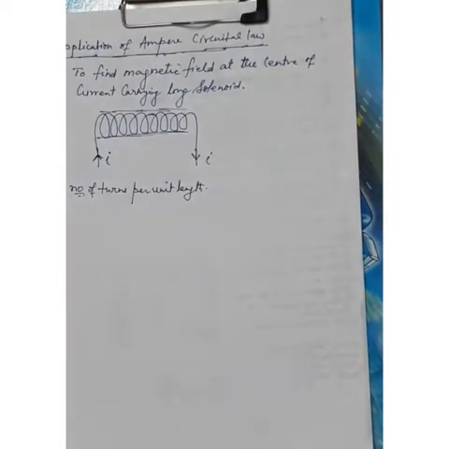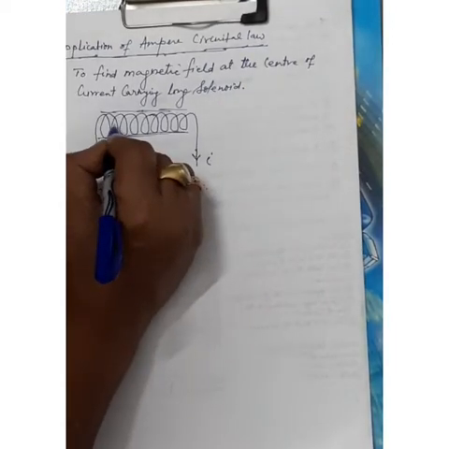So to apply Ampere's circuital law, we have to imagine an Amperian loop, because without an Amperian loop we cannot apply the concept of Ampere's circuital law. So a convenient shape of Amperian loop I am considering here.